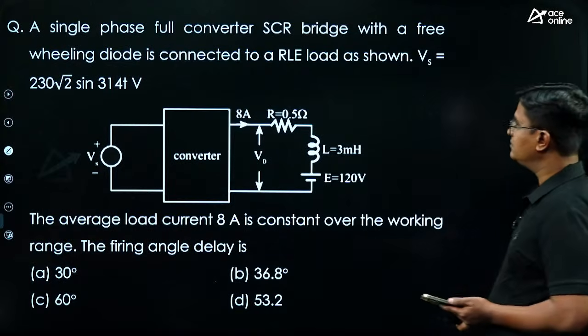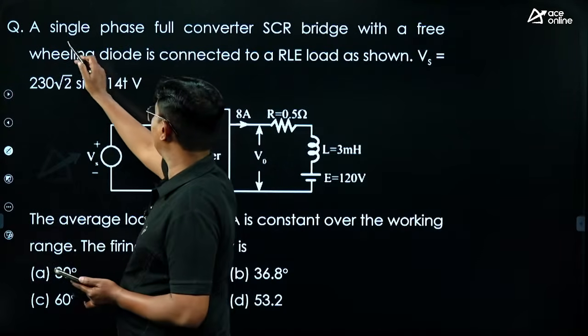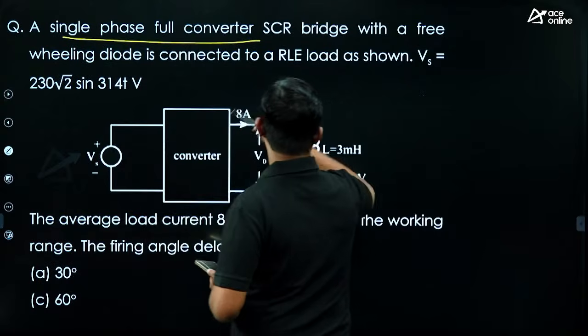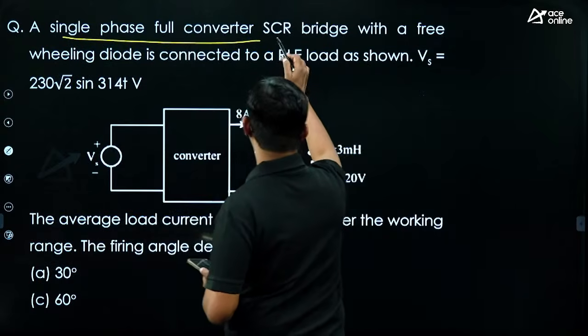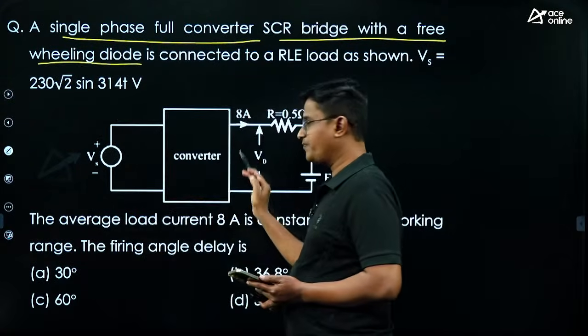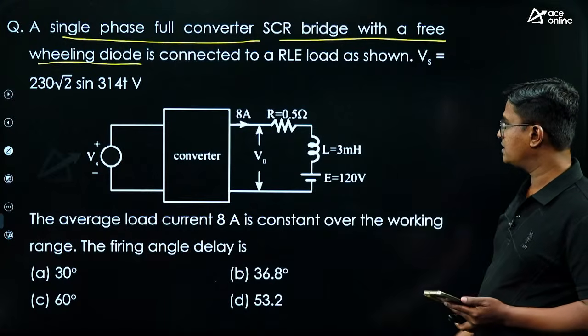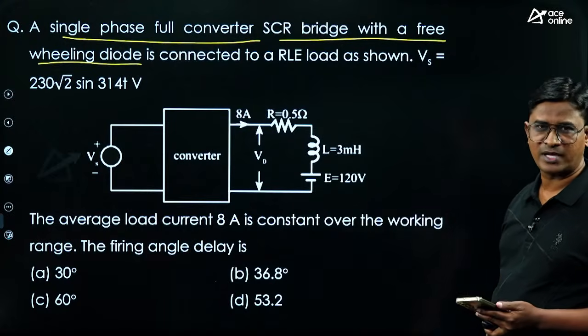Now here, they are saying single phase full converter with a freewheeling diode, means in this box we are having a single phase full converter and also a freewheeling diode connected across the load branch. Okay, right.